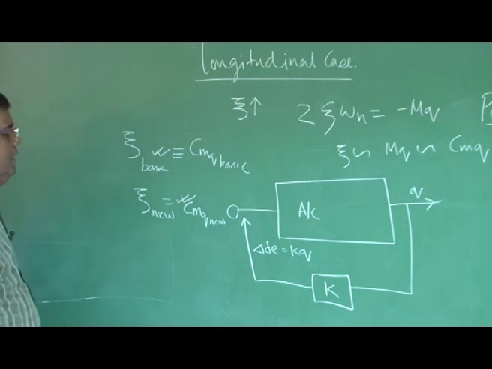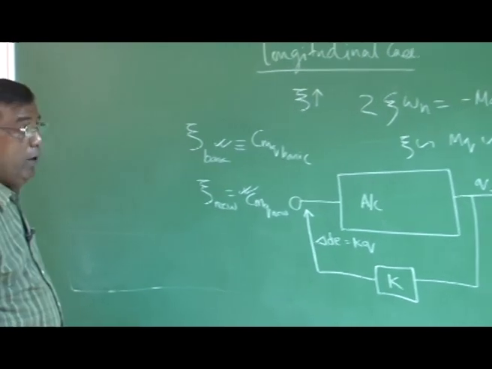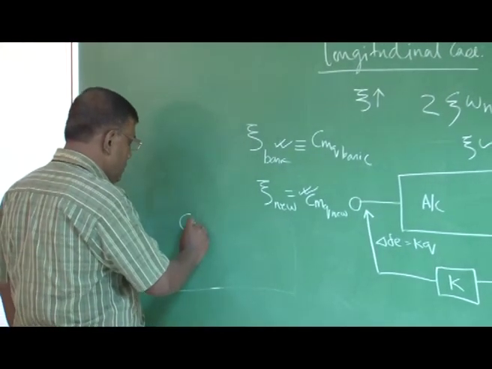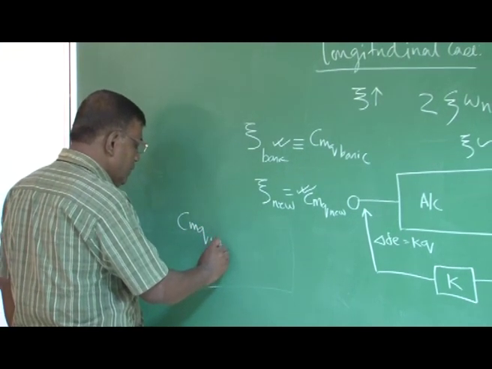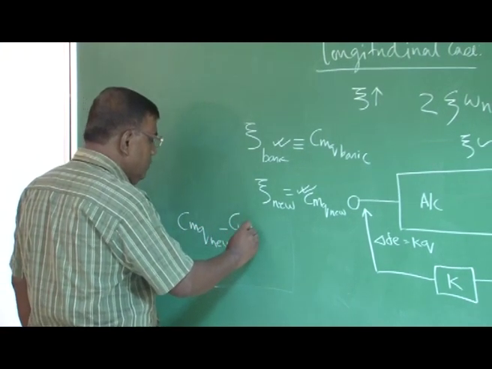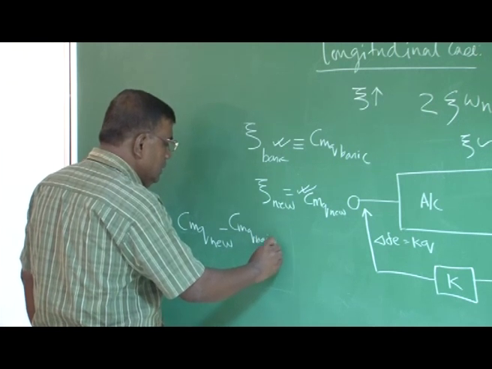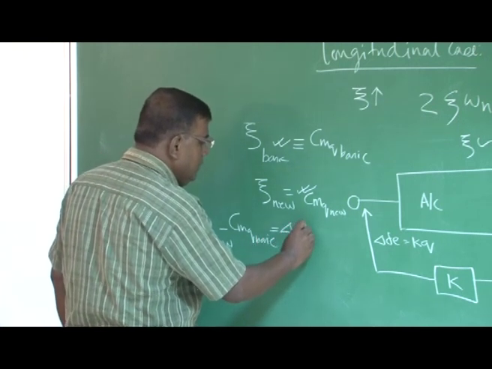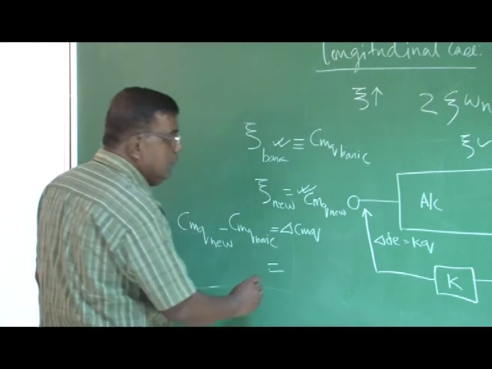So how much additional CMQ I require will be CMQ nu, or whatever required, minus CMQ basic. That should be equal to delta CMQ.